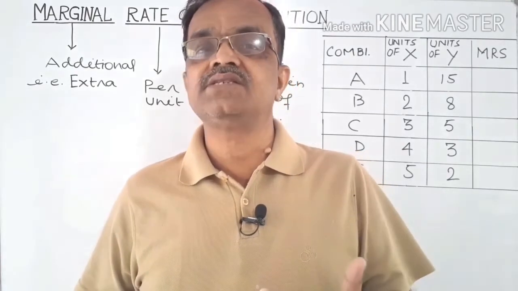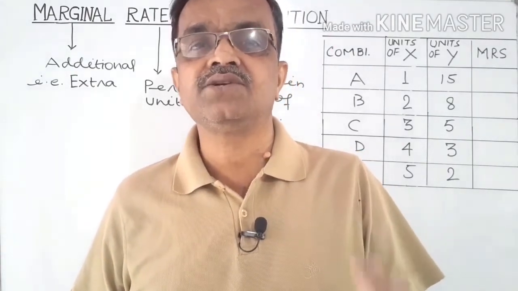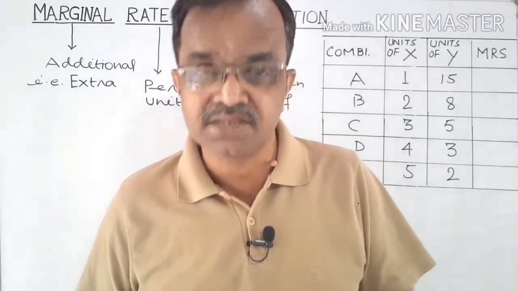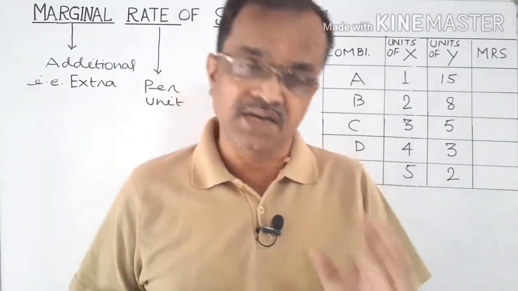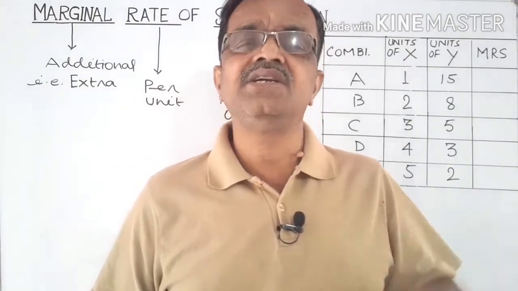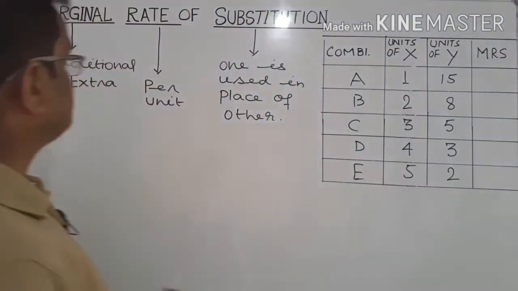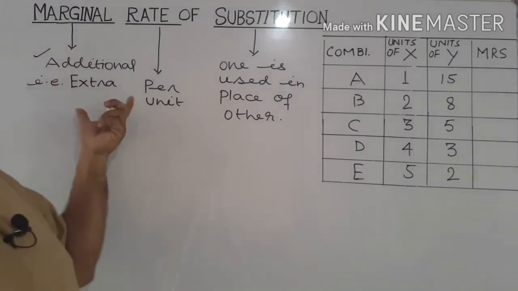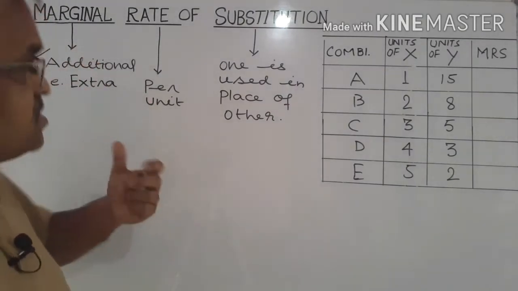Today I would discuss marginal rate of substitution, which is the basis of indifference curve analysis of consumer's equilibrium. Let us start with the literal meaning of marginal rate of substitution. Marginal means additional, that is one extra.